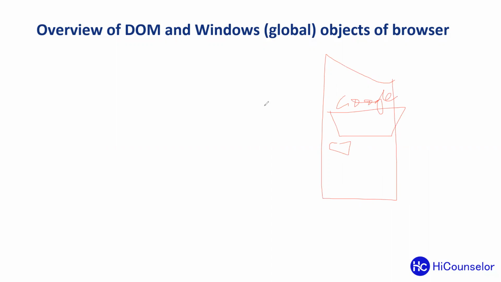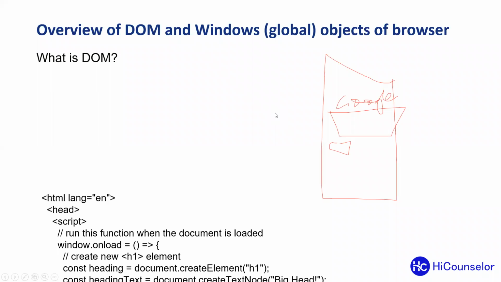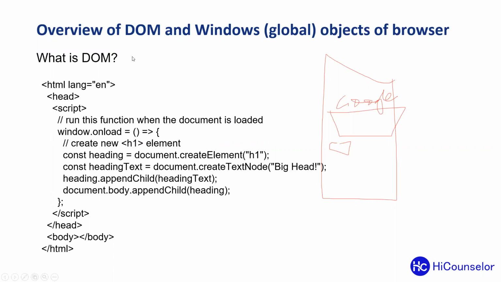So let's understand a few terminologies. Let's consider this example. Here we have a web page. As a programmer, we should know how the structure looks. All these web pages are written in HTML.